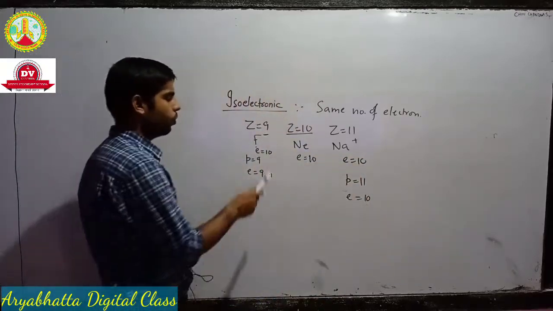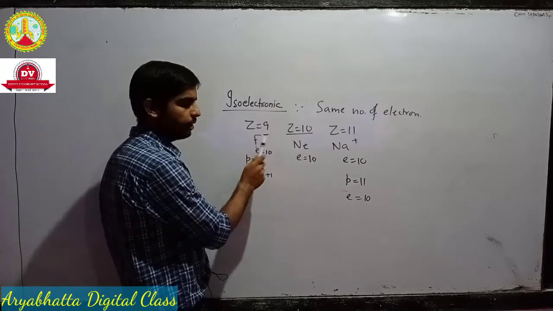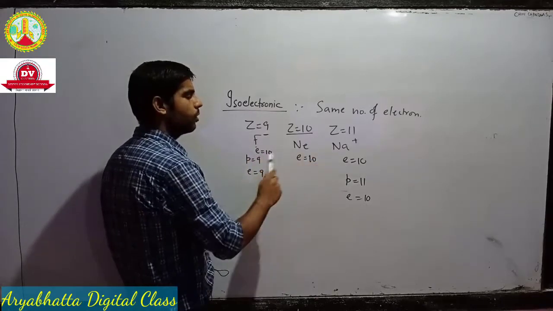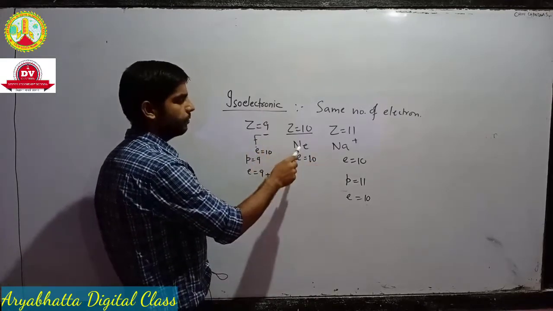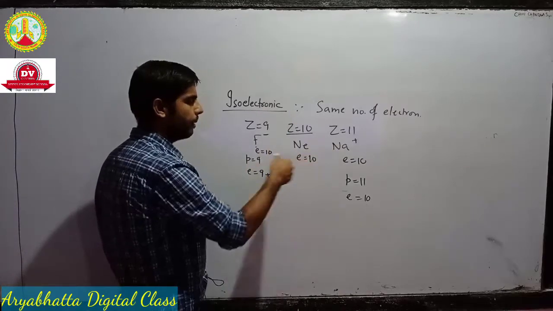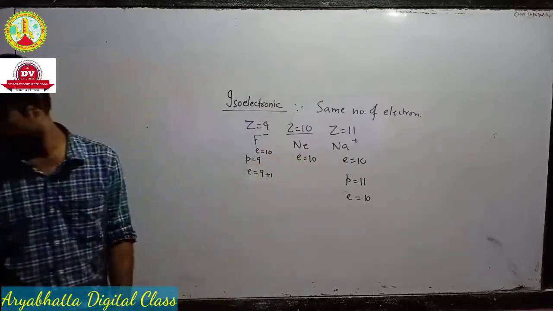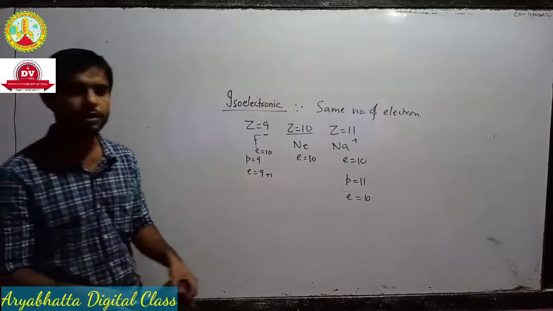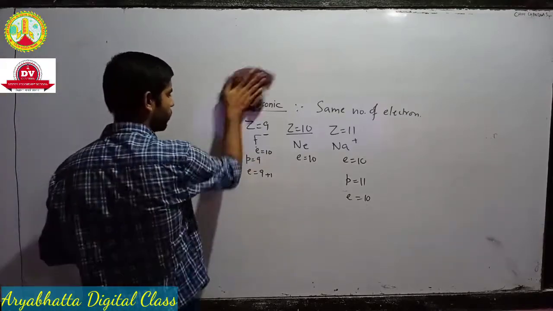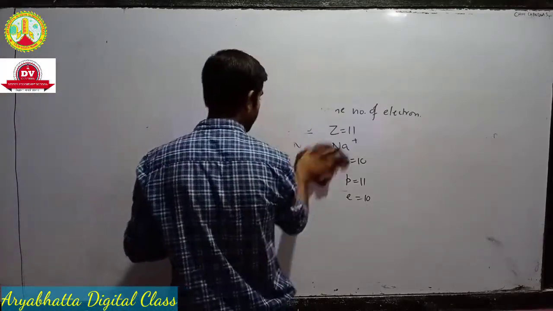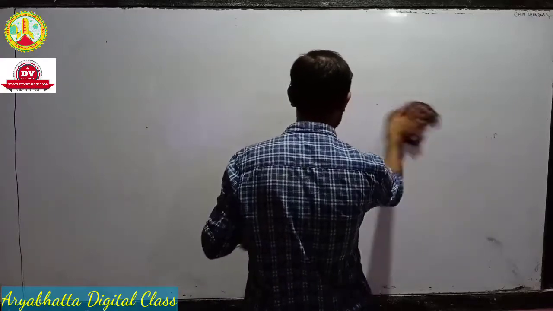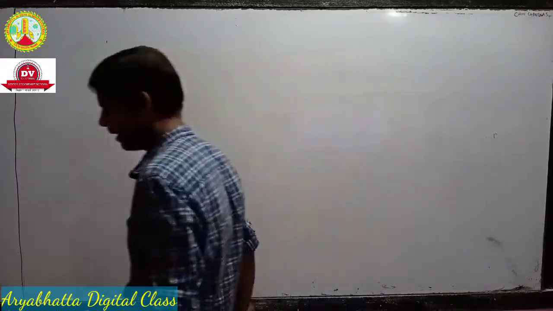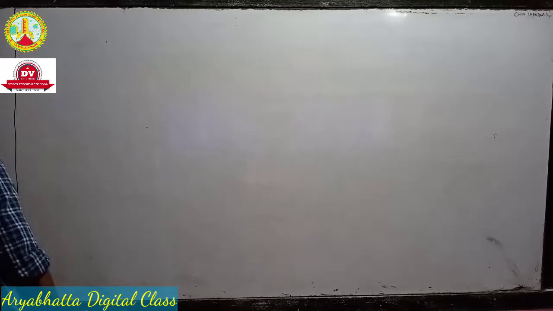Okay, so fluorine negative, neon and sodium positive, all of them have 10 electrons each, so they are called isoelectronic. Okay, so this is isotopes, isobars and isoelectronic species.